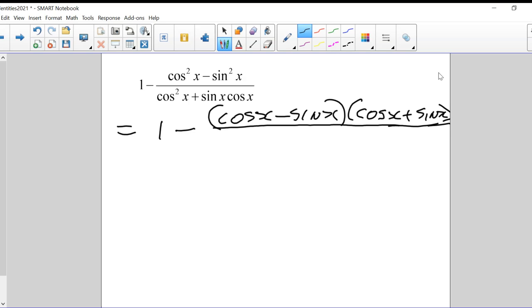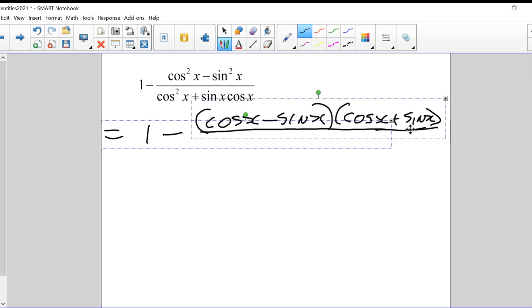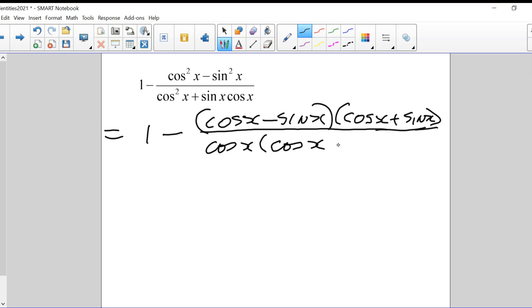All right, let me see if I can bring this over some more. It's a little bit squeezed up on the end there. Okay. You also mentioned the bottom was factorable because there's a common factor of a cos x there. So cos x would give me cos x plus sine x.